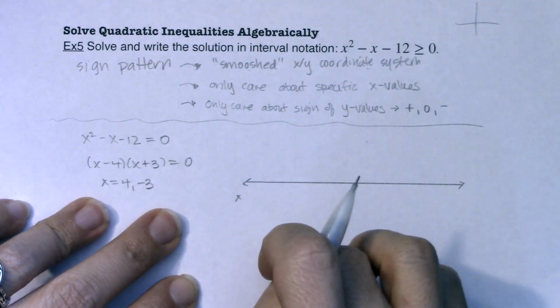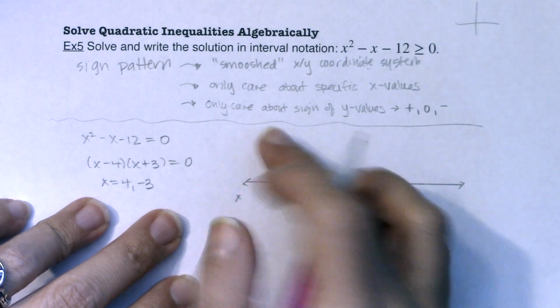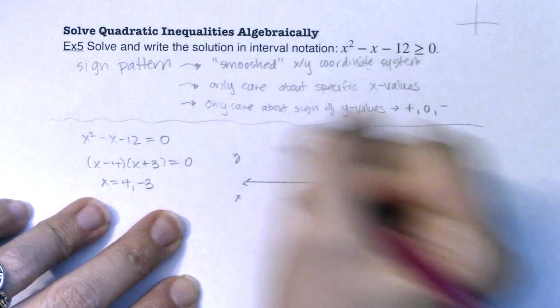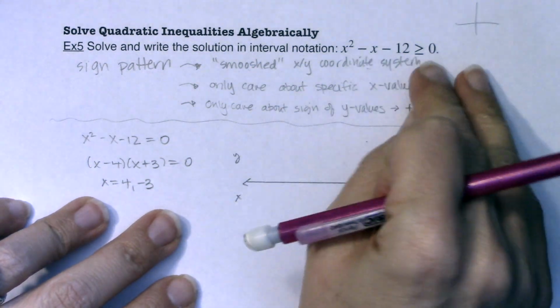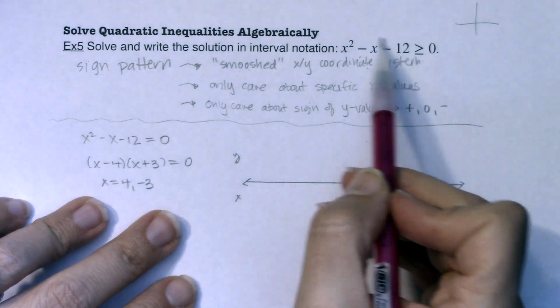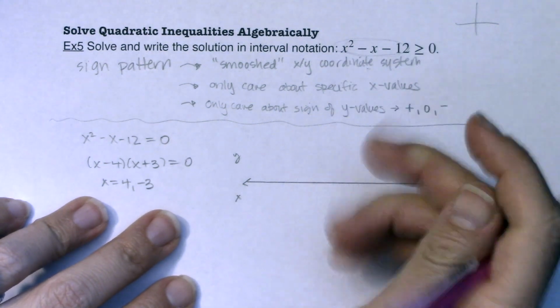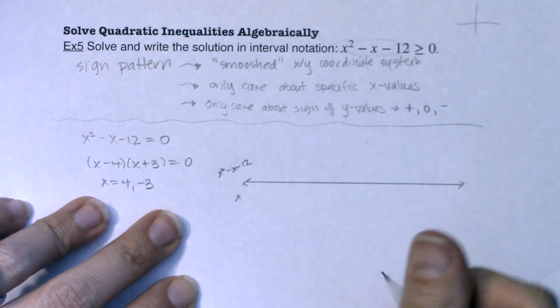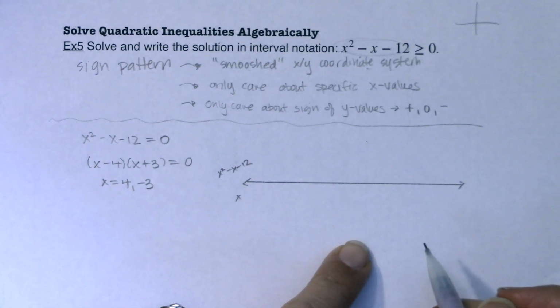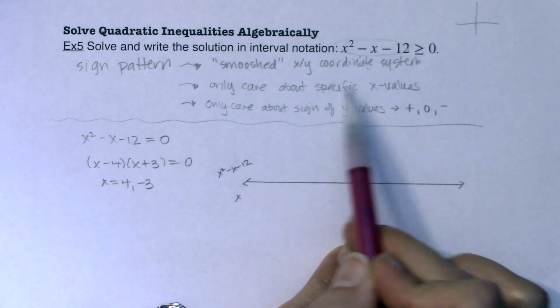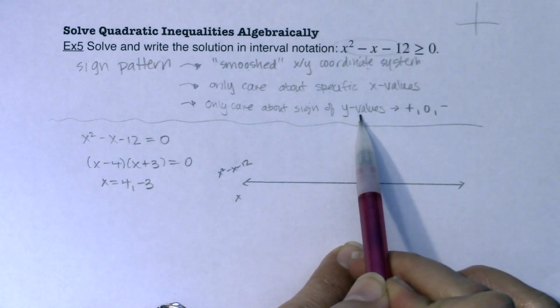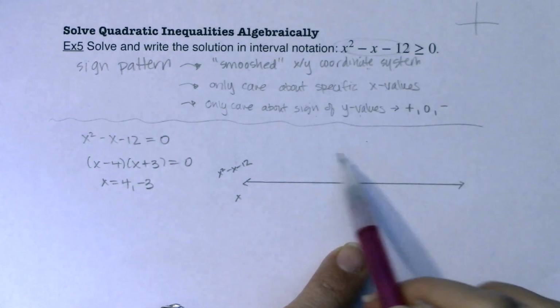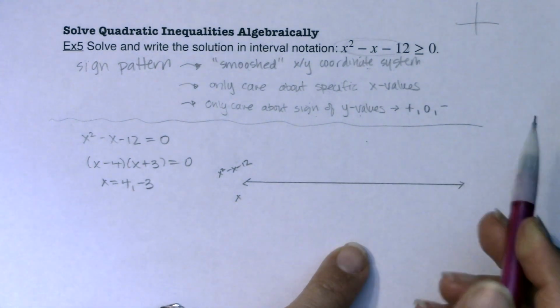So I could put the letter y here, but what I want us to focus on is putting the actual quadratic expression that you're creating a sign pattern about. So I'm going to say x squared minus x minus 12. X coordinates go below the x-axis, those specific x values. Signs of y go above. You're going to see a bunch of pluses, minuses, and zeros up here.